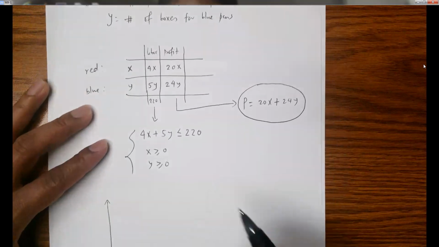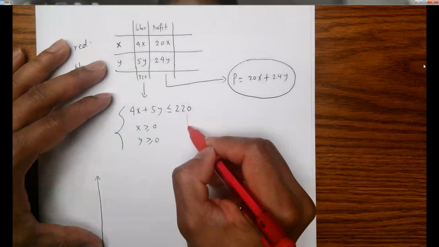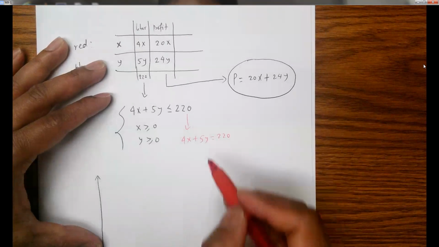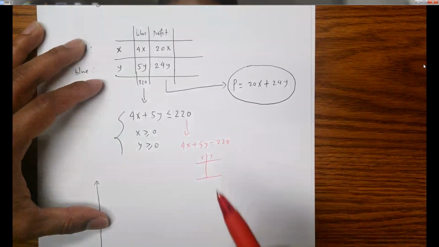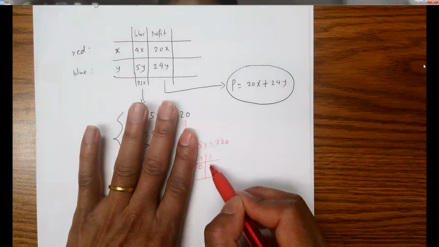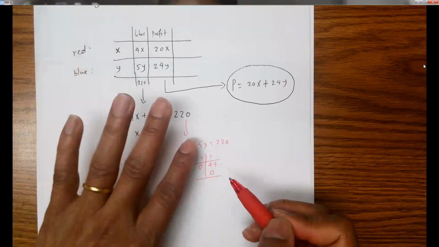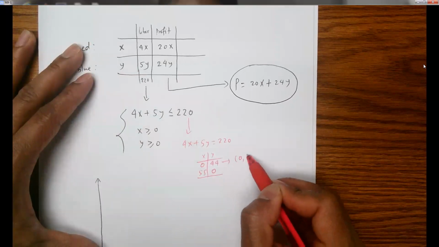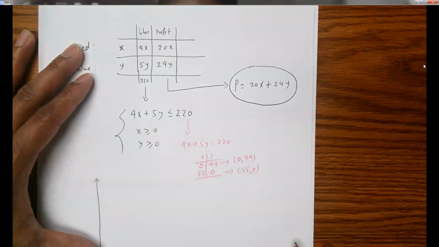So now to plot the graph of this first inequality, let me change that into an equation. And we can always find 2 points, especially x-intercept and y-intercept, to plot these lines. If x is 0, y is, divide both sides by 5, that will be 44. Similarly, if y is 0, then x is 55. So the y-intercept is (0, 44), and then x-intercept is (55, 0).